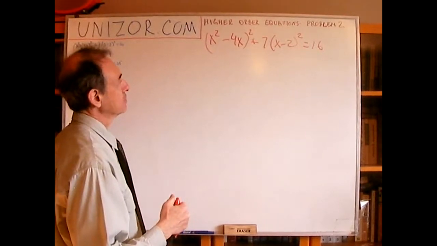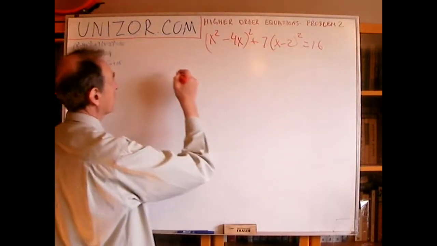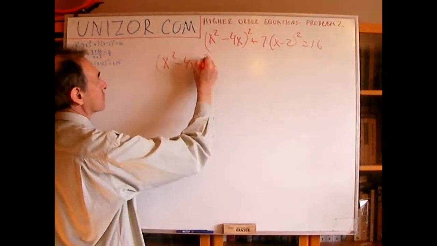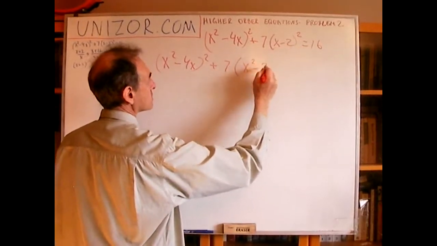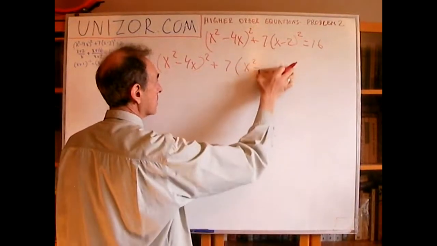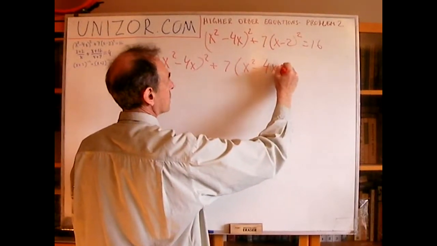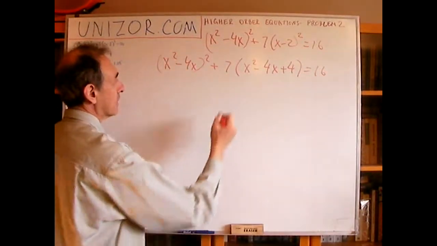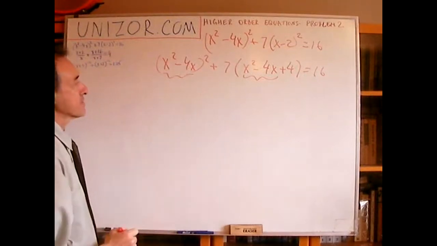Now, how can we use it? Well, there are many ways. For instance, if I just open this up, I will have the same (x squared minus 4x) squared plus 7(x squared minus 4x) plus 4 equals 16. And now I see that these are common things.